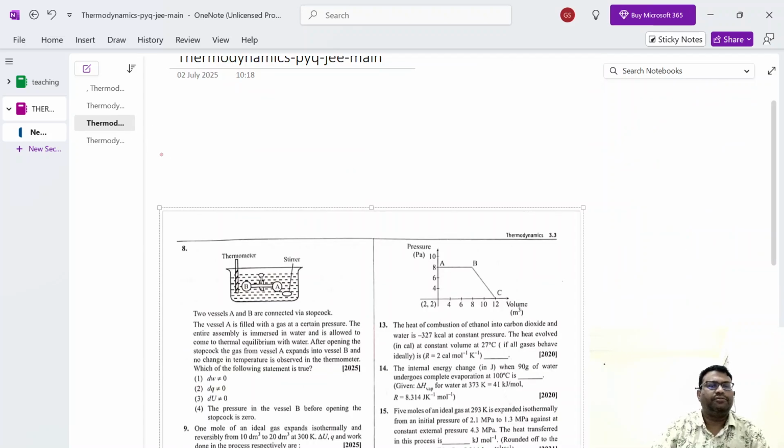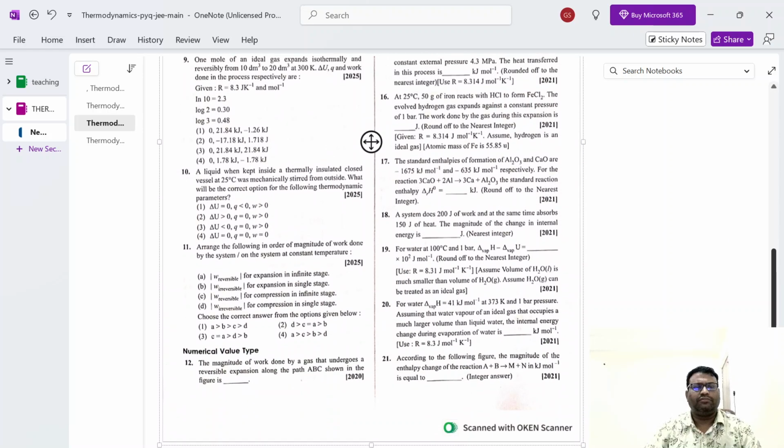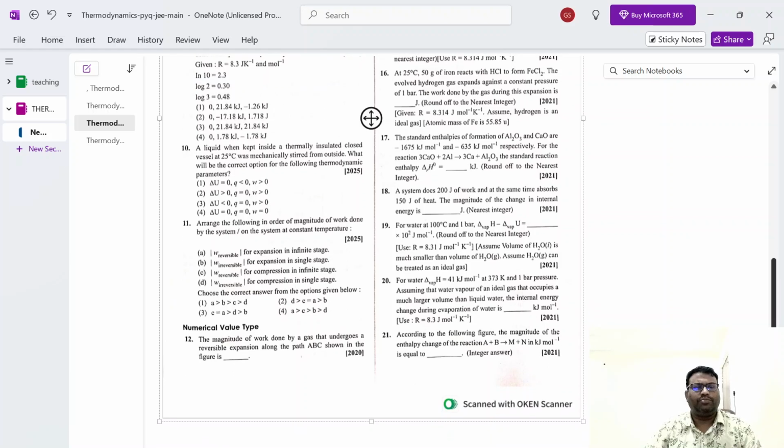Next, coming to the next question. The next question is a numerical value question. The magnitude of work done by a gas that undergoes a reversible expansion along the path ABC.